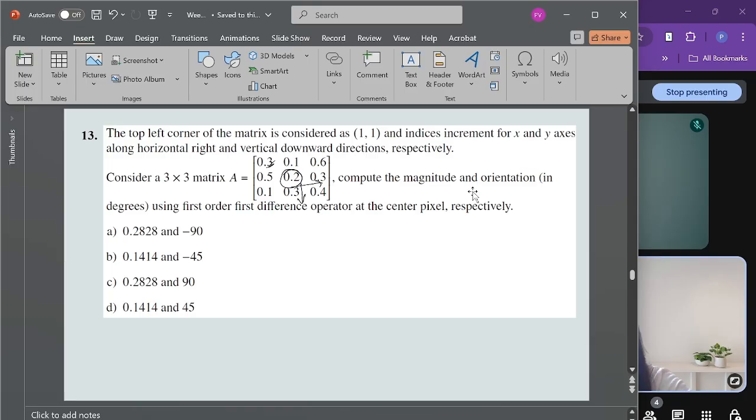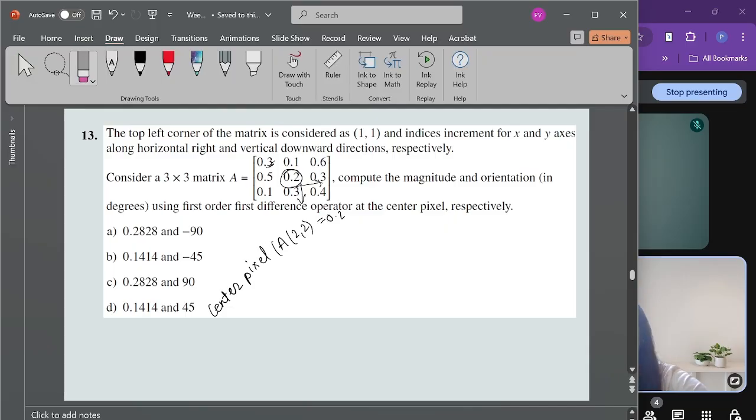Okay, so this matrix is given. So the center pixel is 2,2, that is 0.2, right? 0.2 it is given. Now what are the values?